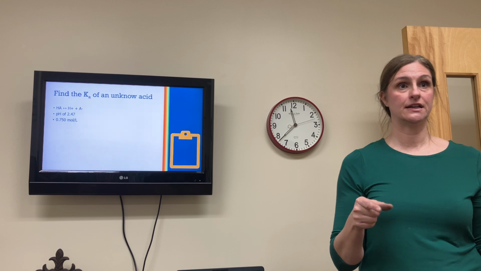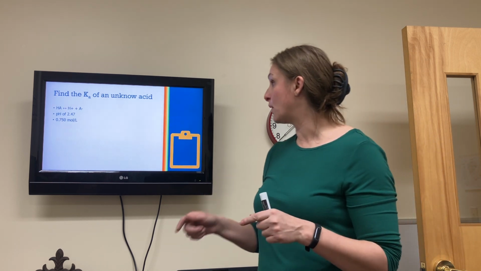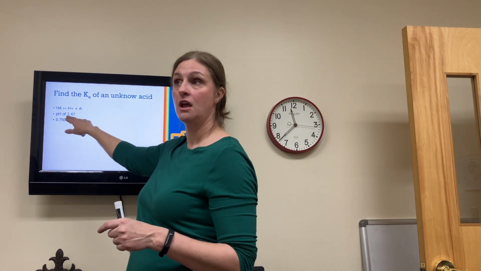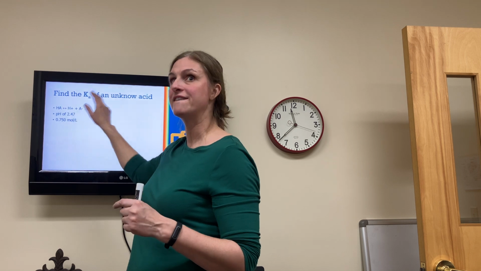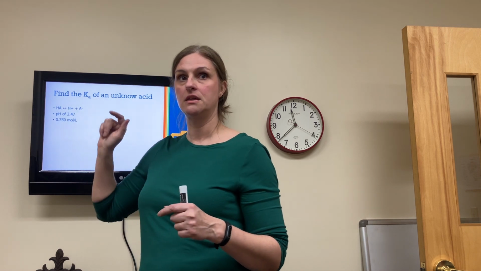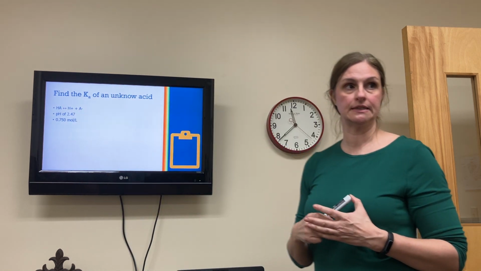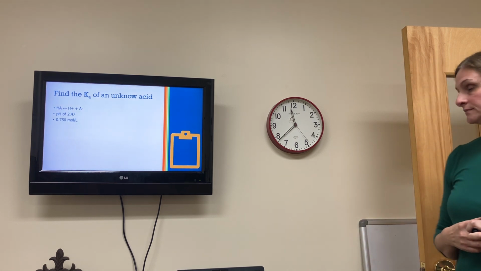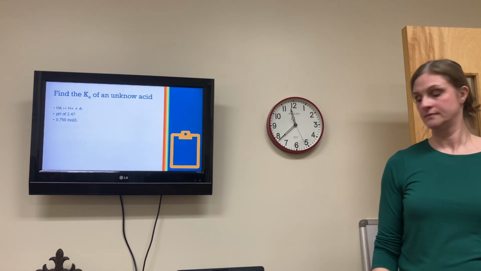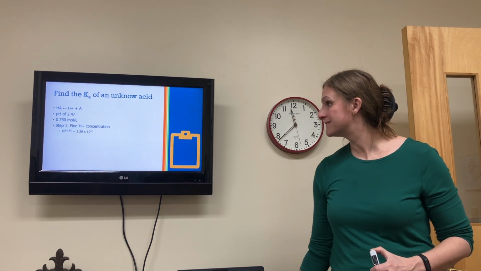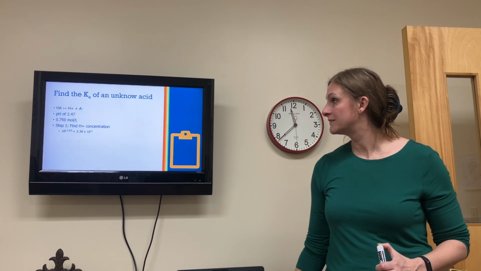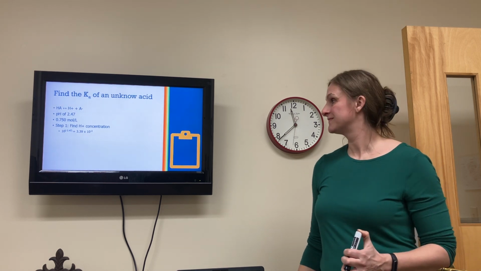Go. I need to see calculators in your hand. Knowing that my solution has a pH of 2.47, find me the concentration of hydrogen ions. 0.17 or 0.18.